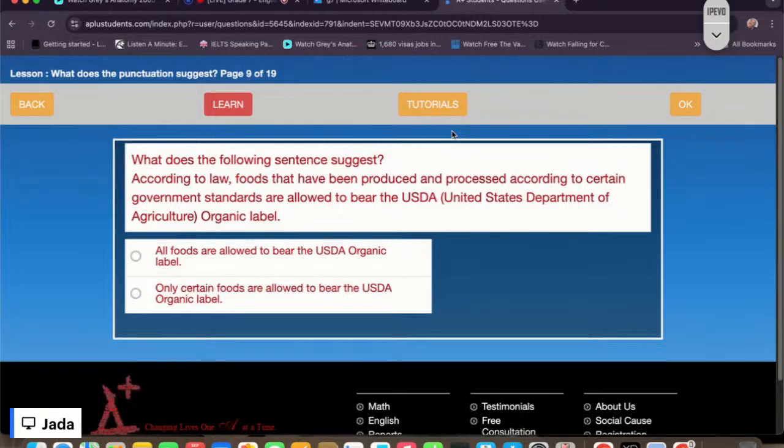Okay. According to the law, foods that have been produced and processed according to certain government standards are allowed to carry the USDA, United States Department of Agriculture, organic label.